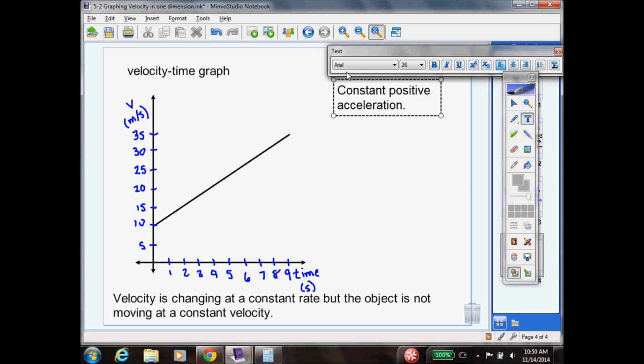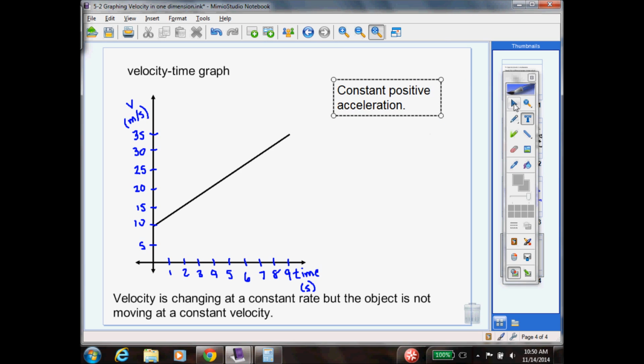Now, constant positive acceleration. Does anybody see a connection to the graph and this term right here? What other word would represent this constant? Change in velocity over change in time.